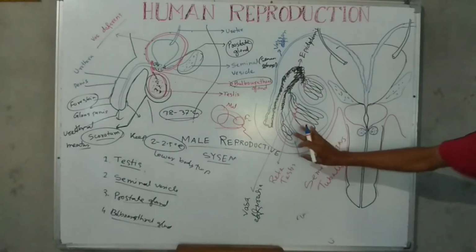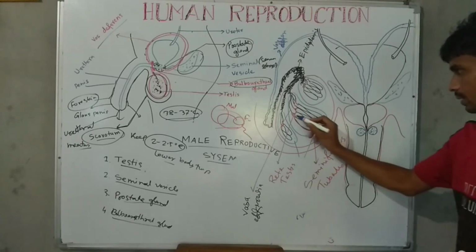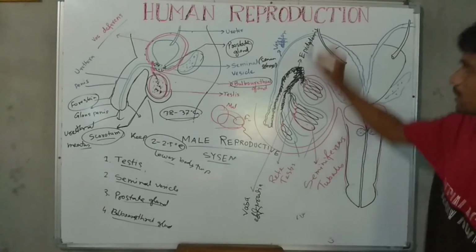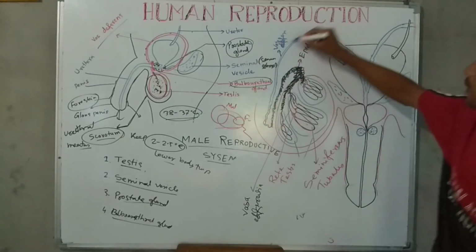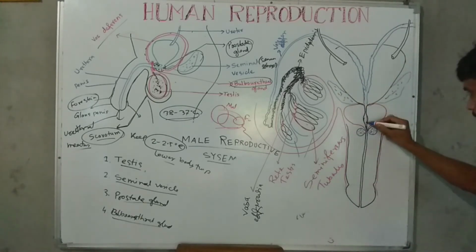So here you can see that from the seminiferous tubules comes the rete testis, then vasa efferentia, the epididymis, then from the epididymis the vas deferens, then again it comes to the urethra.